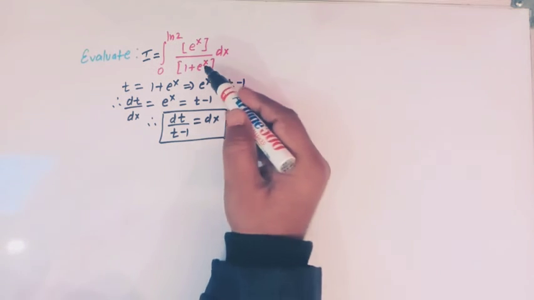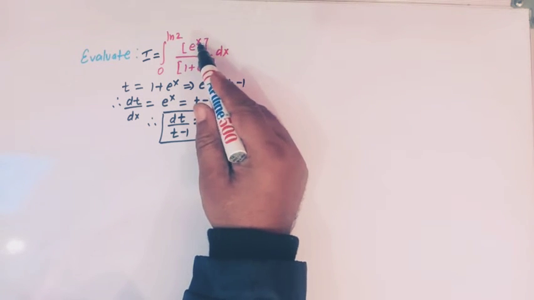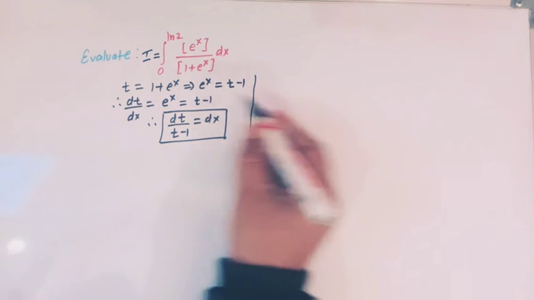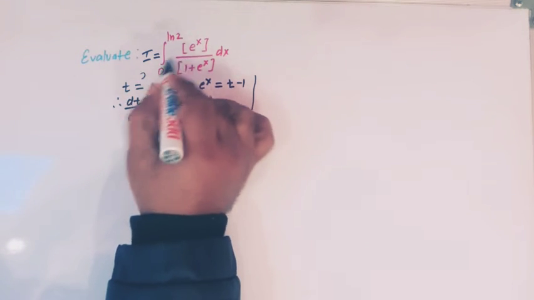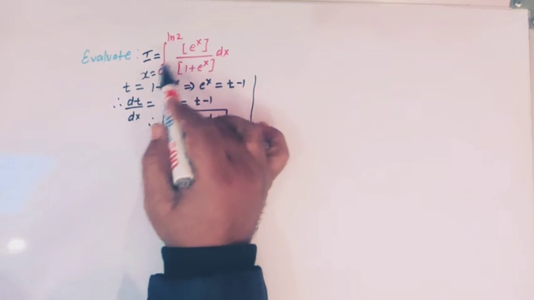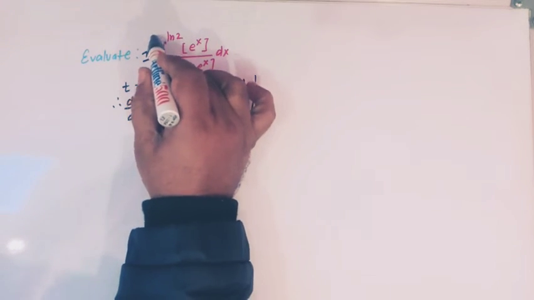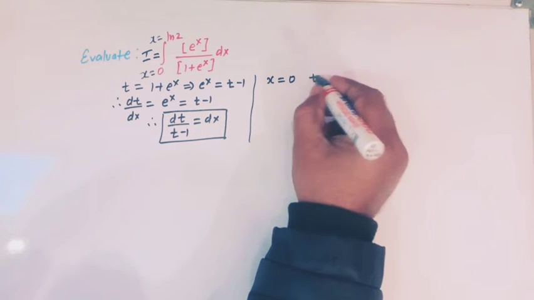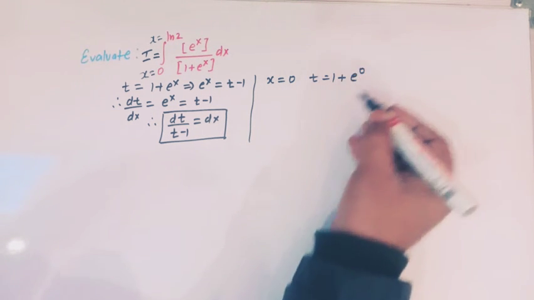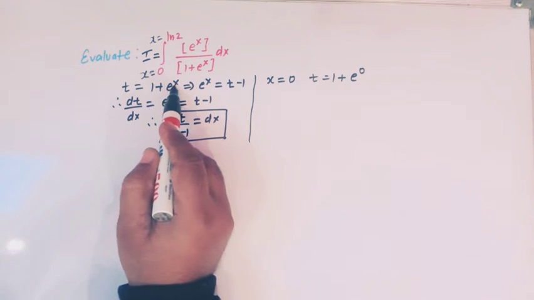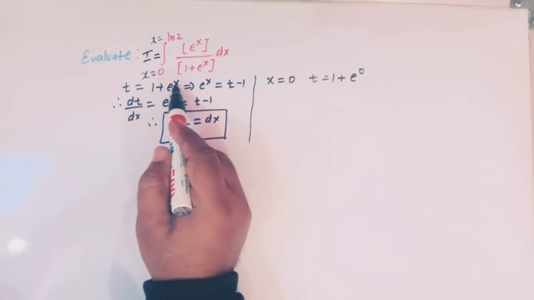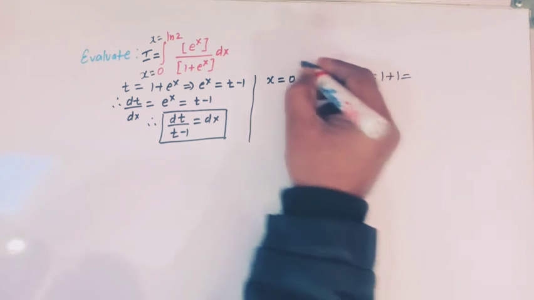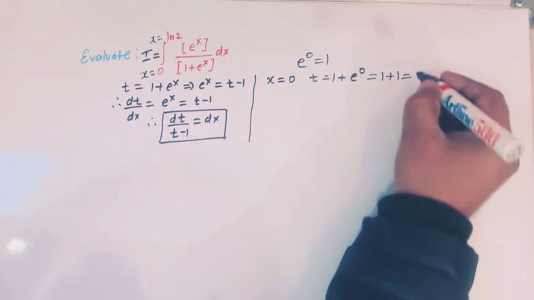Now here we are changing the variable x to t, so let us change the limits accordingly. We see that x varies from 0 to log of 2. When x is 0, the value of t is 1 plus e raised to 0, which is 1 plus 1, so we have 2.